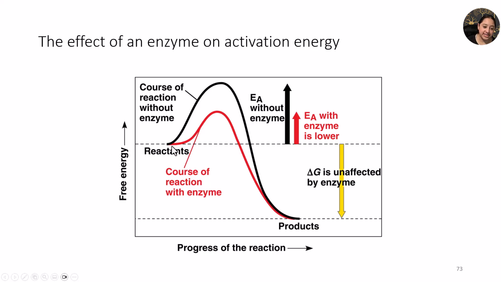And then this red line is the course of this reaction with an enzyme. And so it lowers the activation energy. So it lowers the barrier for this to happen, and then it can happen sooner at moderate temperatures.